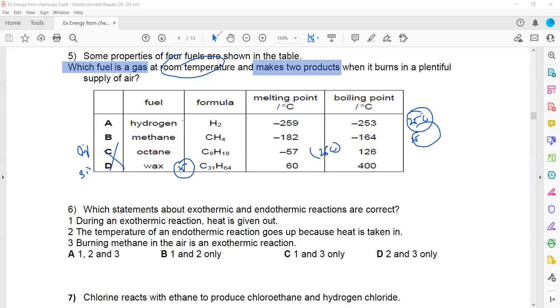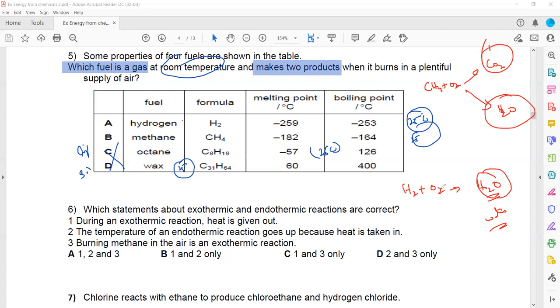If we burn hydrogen, combustion of hydrogen means hydrogen reacts with oxygen, so it only gives one product, that is H2O or water. But when we burn methane, which is CH4, what does it give? It gives carbon dioxide because carbon reacts with oxygen, and it gives water because hydrogen reacts with oxygen as well. So there are two products in burning methane compared to one product when we burn hydrogen.